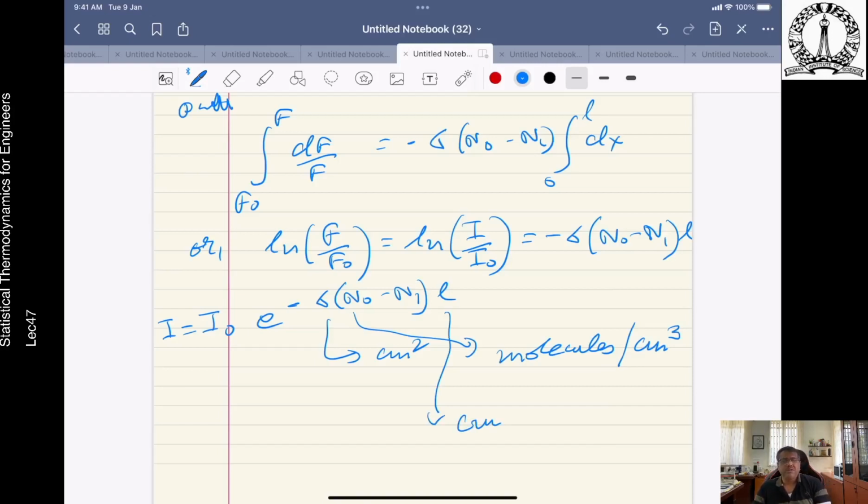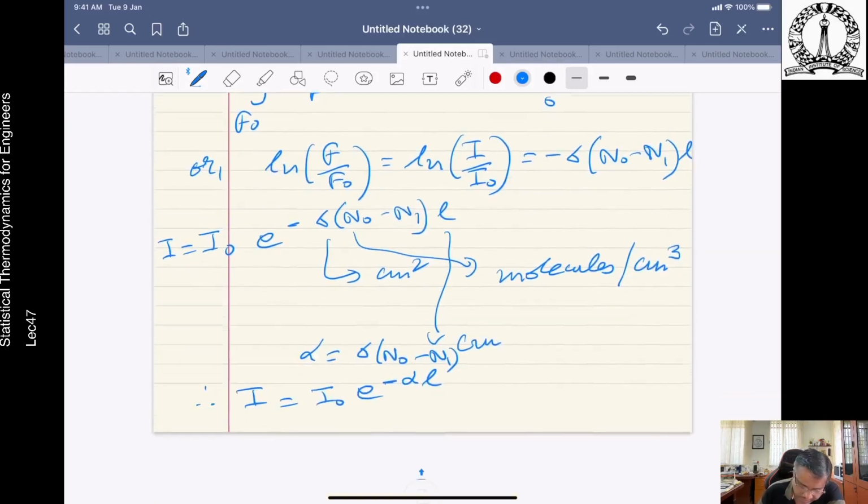Okay, so if we consider alpha is equal to sigma n naught minus n1, therefore I will be written as I naught e to the power of minus alpha L.